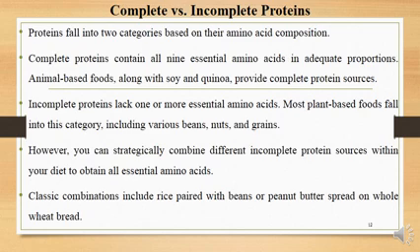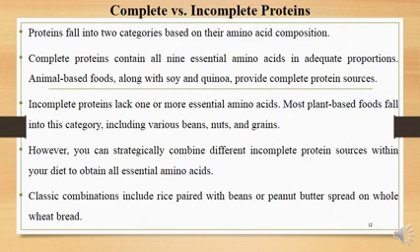Let's go back again. Complete protein contains all 9 essential amino acids in adequate proportion. We have animal-based food along with soy and quinoa, which provide complete protein sources. We also have incomplete protein, which lacks one or more essential amino acids. Most plant-based food falls into this category, including various beans, nuts, and grains.